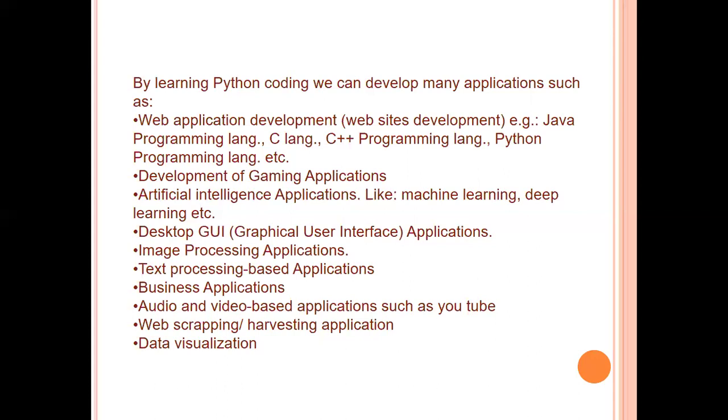With the help of Python, we can develop gaming applications. Artificial intelligence applications like machine learning and deep learning cannot work without Python, so for machine learning and deep learning, we need knowledge of Python.